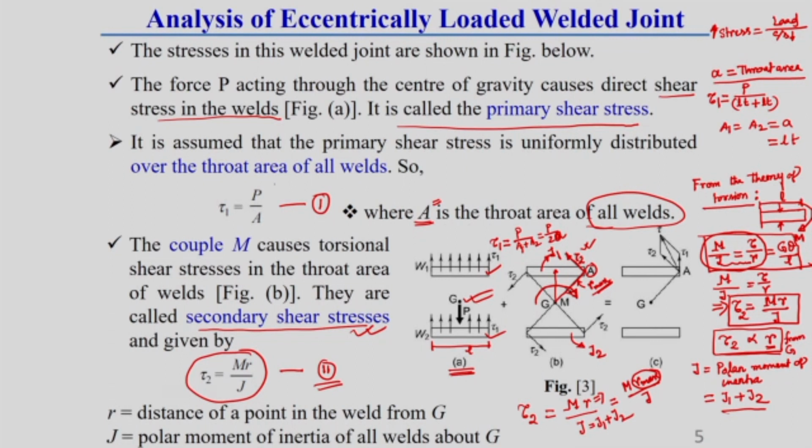This is very well known to you. That is why the tau 2 direction should be like this. One thing you should keep in mind: whatever stress is developed inside the weld, its direction should always be opposite to the direction of the applied force and applied moment. That is why I am representing tau 2 like this, as you can see in figure B.